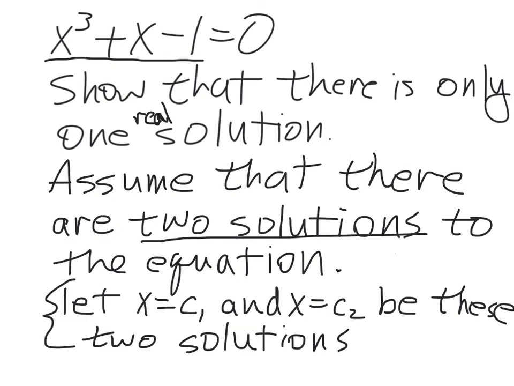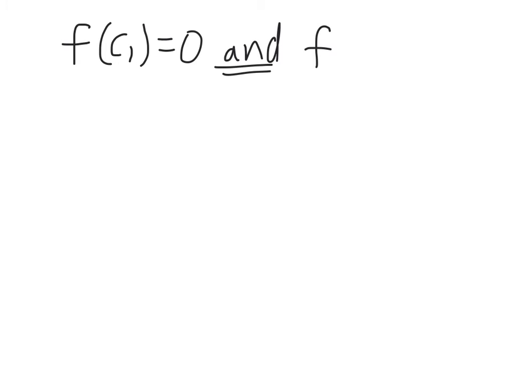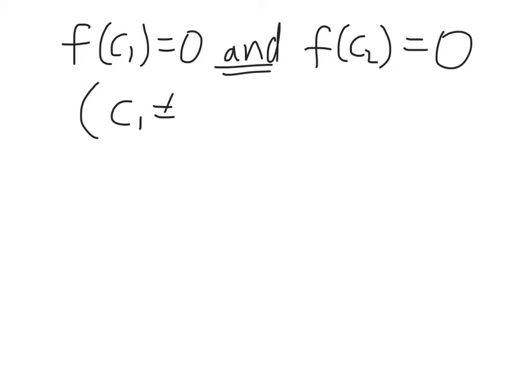So, f of c sub 1 equals 0, and f of c sub 2 equals 0. And our assumption is c sub 1 is not the same value as c sub 2. They have to be different if we're going to assume there are two solutions here.